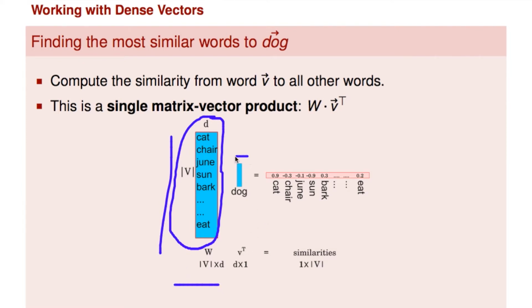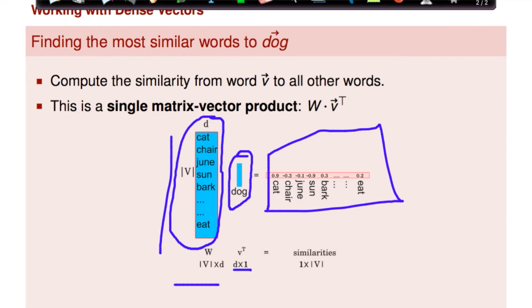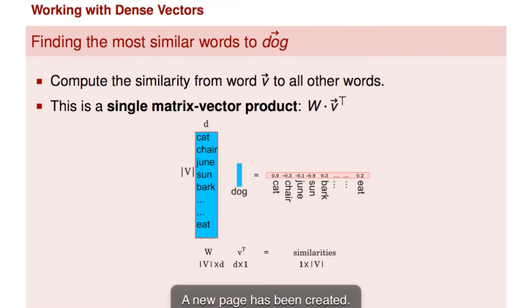You multiply that by the vector that represents dog, which is just a d by 1 vector, and then what you get out is a 1 by v vector that encodes all of the similarities for all of the words. Because we have fairly fast linear algebra libraries available, this can be done very quickly.